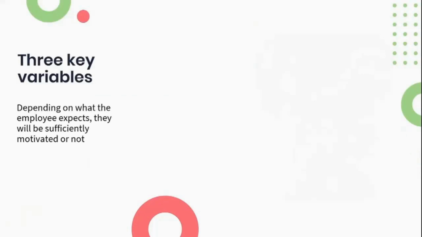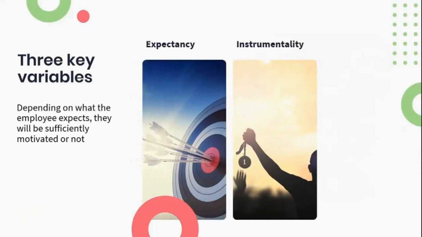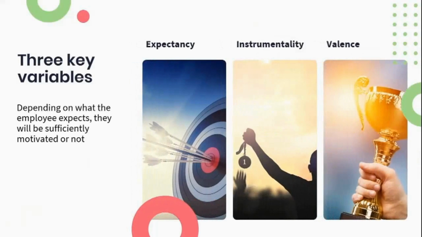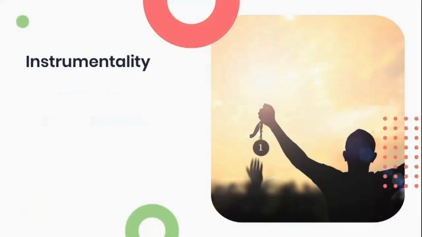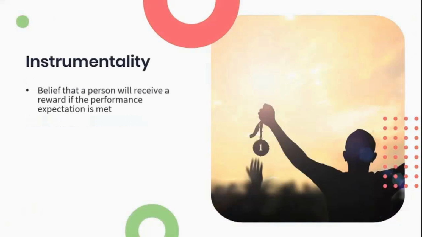Vroom introduced 3 key variables: expectancy, instrumentality, and valence, and I'm going to talk you through what those are. Expectancy is the belief that one's effort will result in the attainment of a desired performance goal. This is usually based on the individual's past experience, their levels of self-confidence, and the perceived difficulty of the performance standard. Instrumentality is the belief that a person will receive a reward if the performance expectation is met.